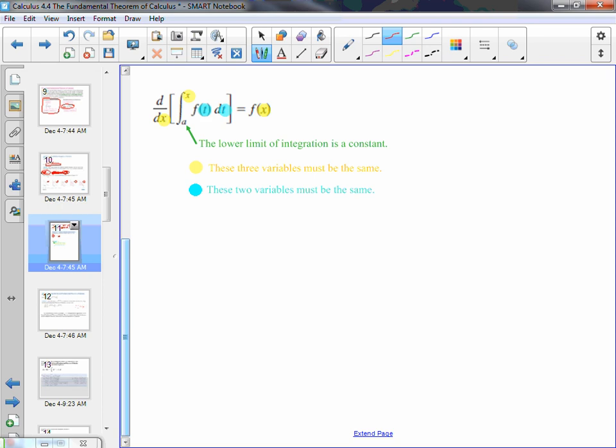It can be negative 2/3. But the lower limit of integration has to be a constant. And then, where the yellow dots are, those variables have to be the same. So if the derivative is with respect to x, then the upper limit of integration has to be x, and your function will be in terms of x.